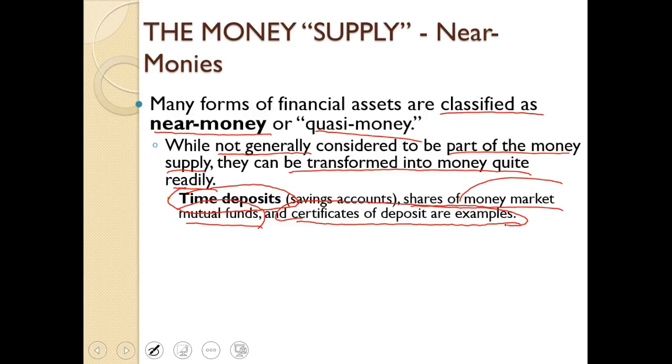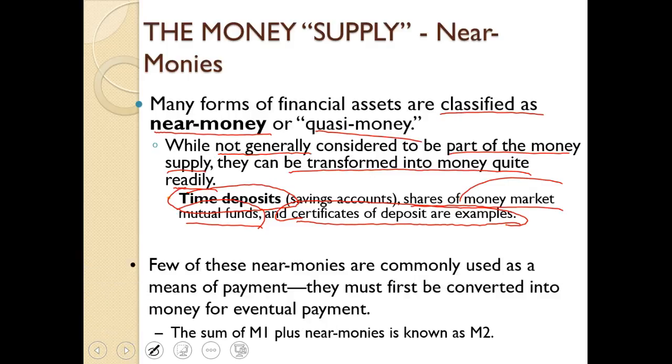Or talk about money market mutual funds. At any given point in time, you can sell money market mutual funds for cash. Certificates of deposit, you can trade them in for cash at any point in time. So, near money or quasi money is financial assets that can be transferred into money quite readily or easily.